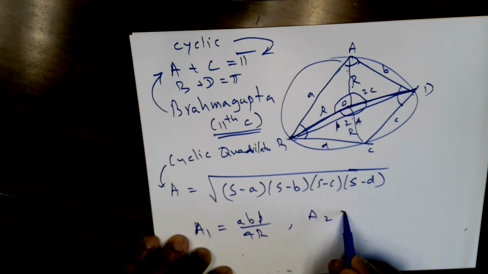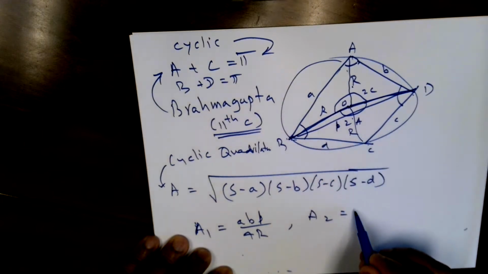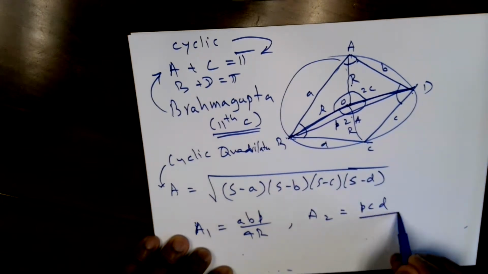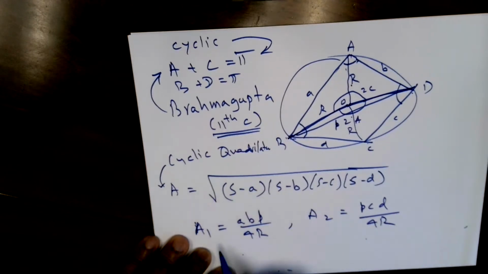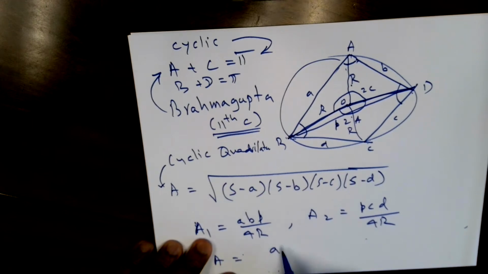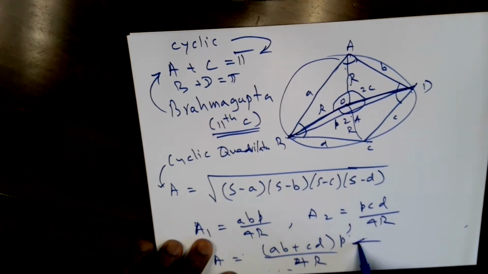And similarly, A2 is cdp over 4R, the same radius, but A1 plus A2 is the total area. So you get area is ab plus cd over 4R multiplied by p. So the only thing is we need to know what p is.